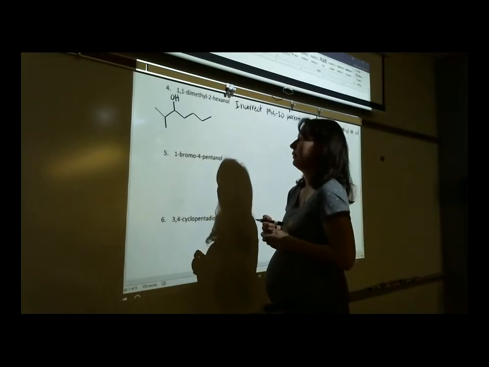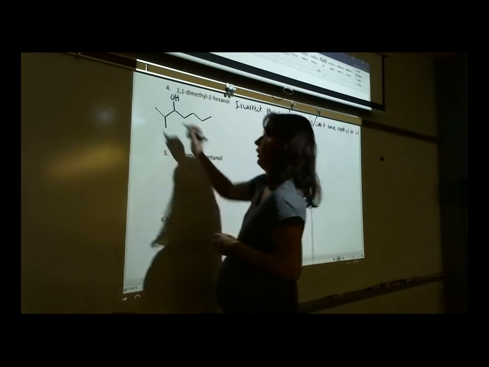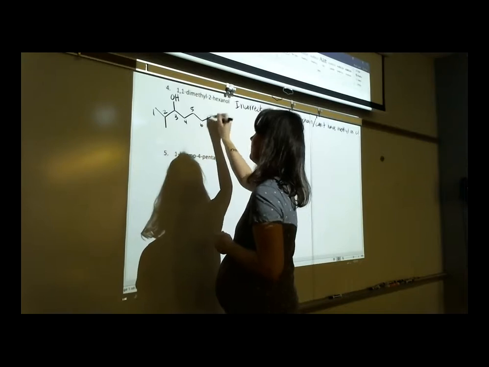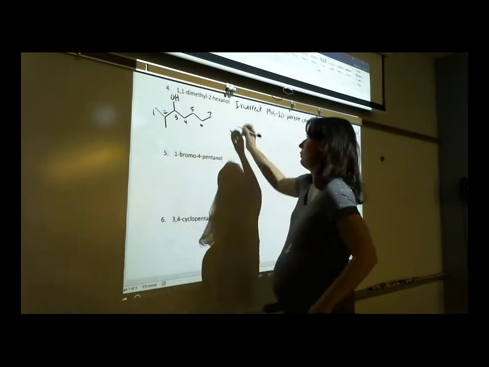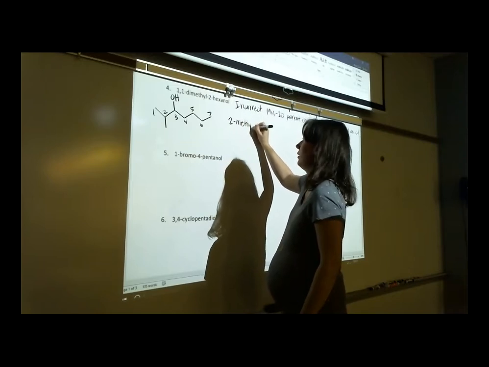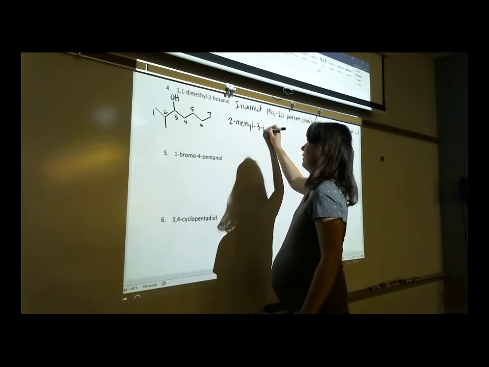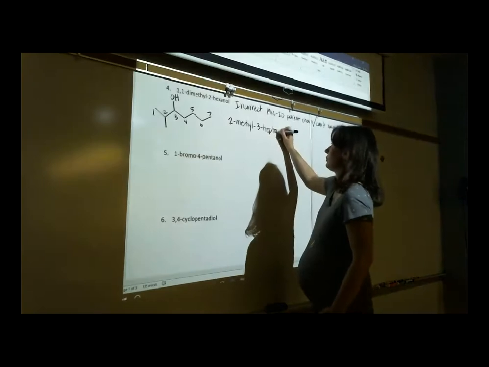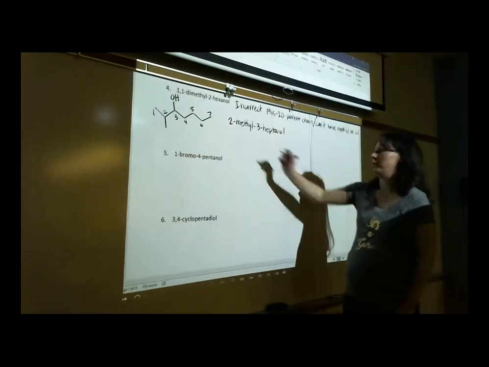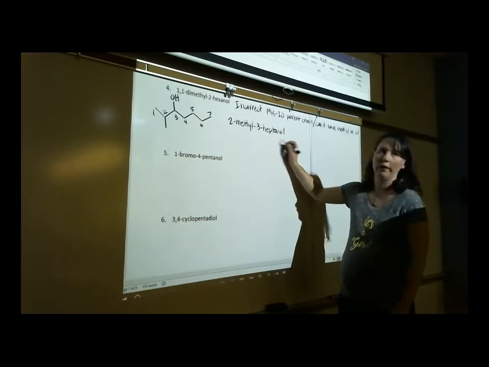What is it? Right. So it should be 1, 2, 3, 4, 5, 6, 7. So the name should be 2-methyl-3-heptanol. And just remember, if you want to split it up, you could name it 2-methyl-heptan-3-ol if you wanted to do it that way too.